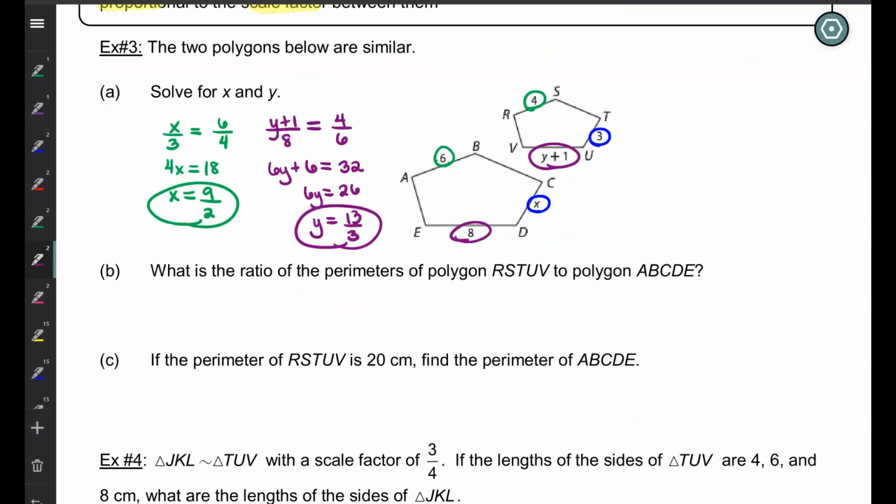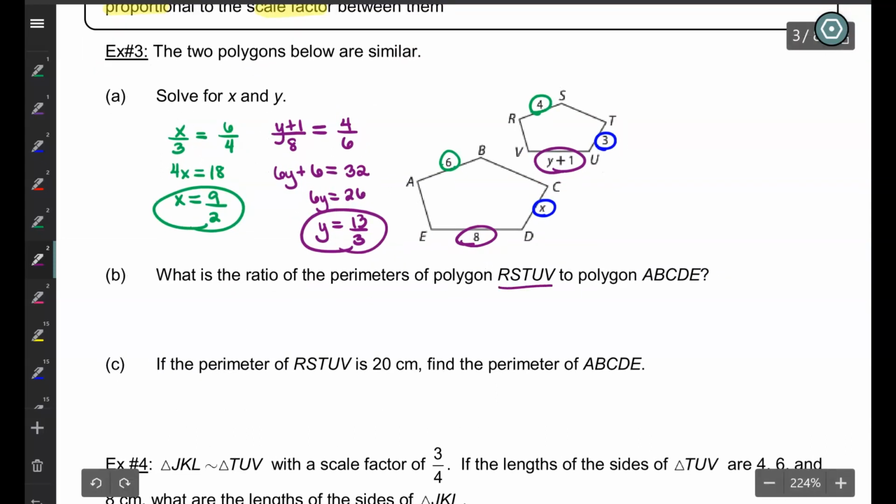Okay, what is the ratio of the perimeters of polygon RSTUV compared to ABCDE? So I am going to look at one side from this polygon. So I'll use 4 since I already know that.